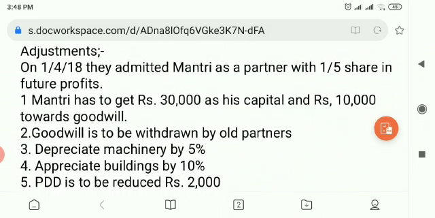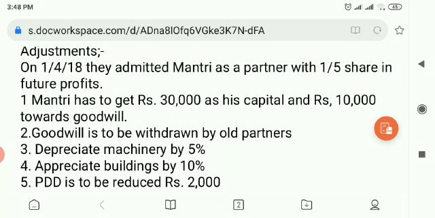They have told you on 1/4/2018 they admitted Mantri as a partner with 1/5 share in the future profits. First adjustment: Mantri has to bring 30,000 as his capital and 10,000 towards the goodwill. Second, goodwill is to be withdrawn by the old partners.